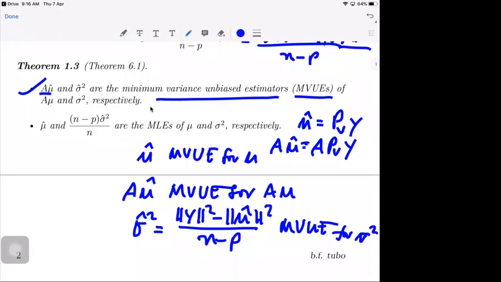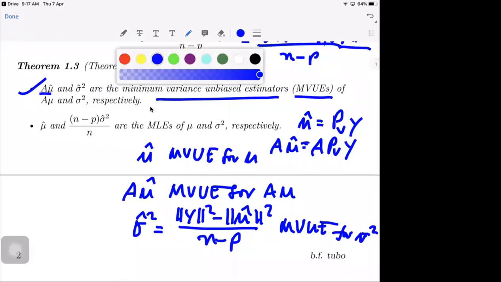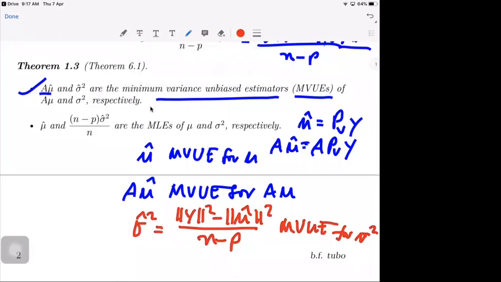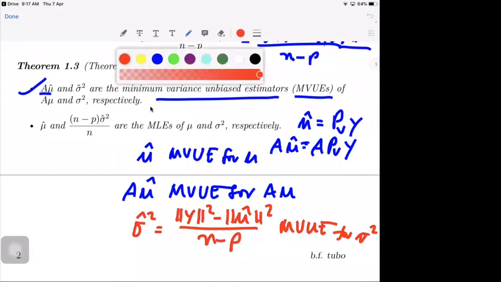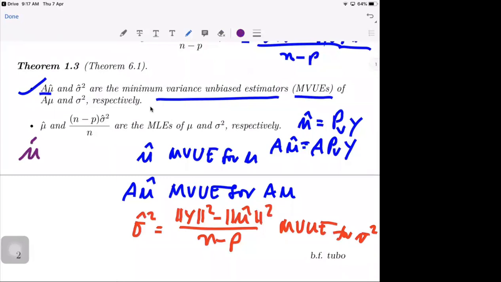And for the MLE, mu hat is the MLE for mu.